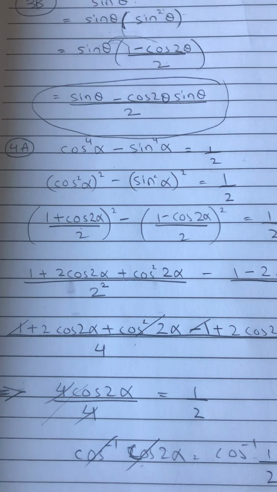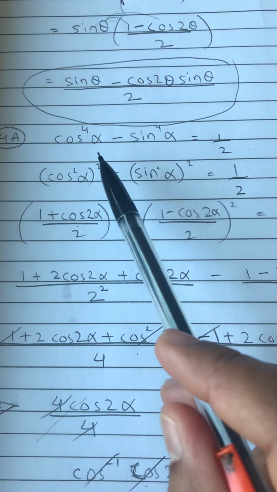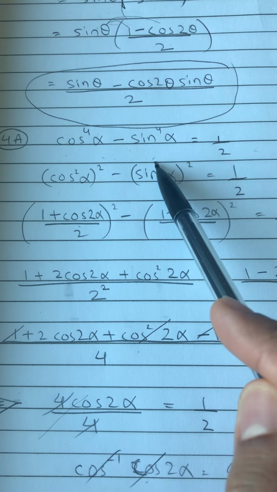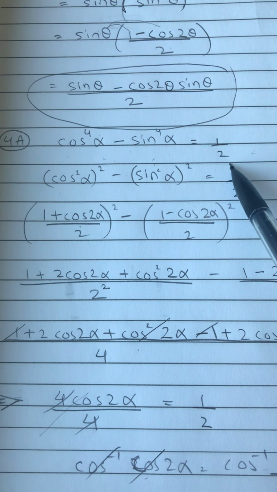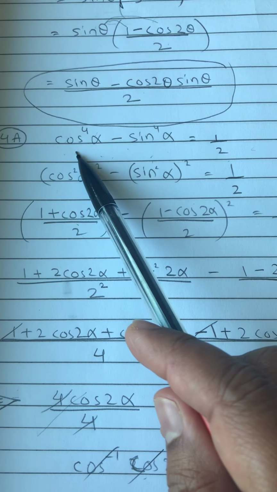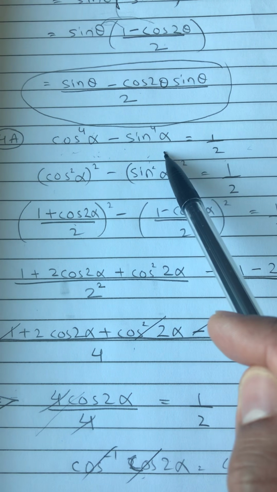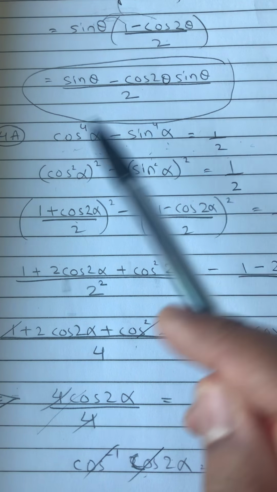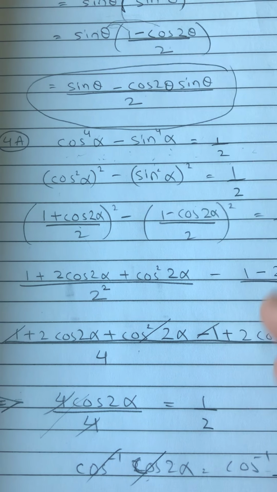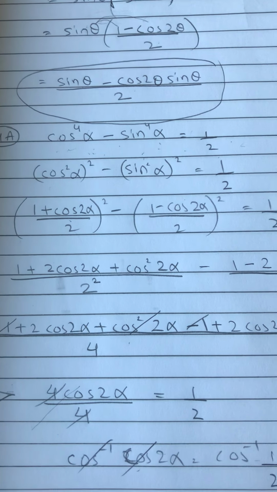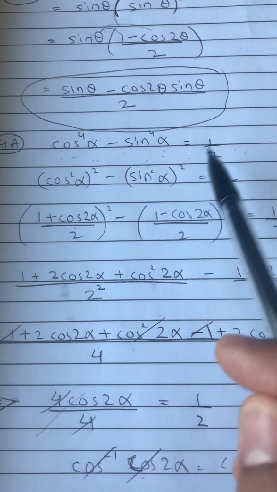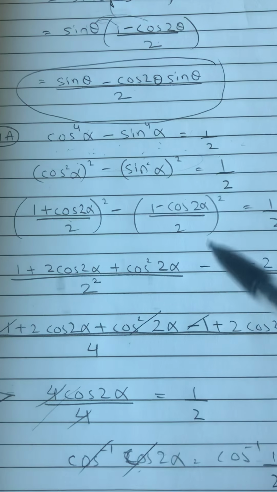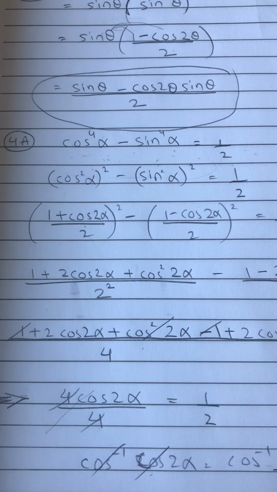The only thing you need to make sure of is that if you have this equation, cosine 4 alpha minus sine 4 alpha is equal to half, you're making it cosine 4 alpha minus sine 4 alpha minus half is equal to 0, because that's what your calculator takes, right? It doesn't have a right side to the equation, so you have to put all things on the left side and just put that in the calculator to figure out the answer.